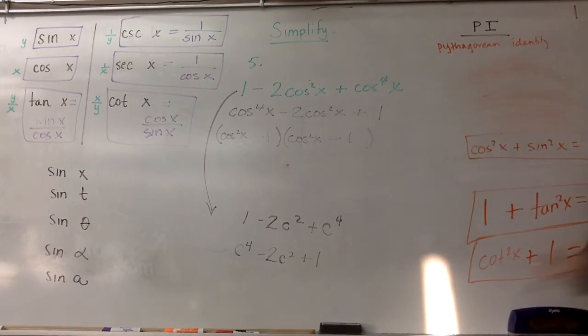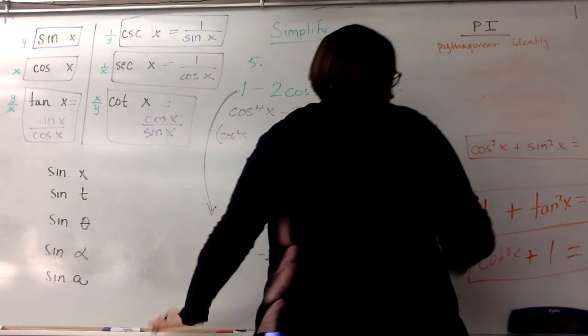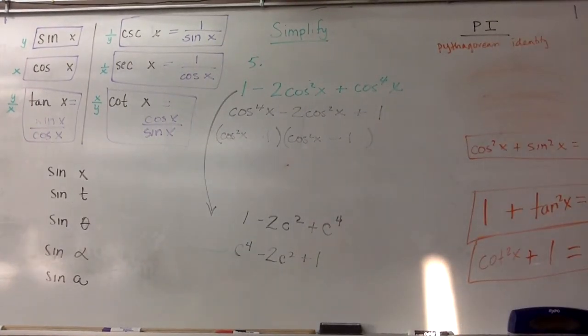And now some of you are going to start hearing little warning bells. Picked up the orange marker. Why? What is cosine squared x minus 1 known as? Cosine squared x minus 1 is equal to, close, negative sine squared x. Cosine squared is what I have to lead with, right?